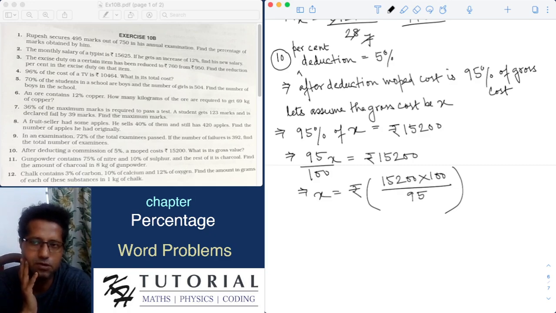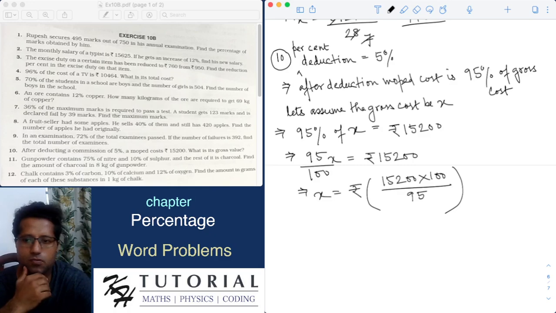So if there is a deduction of 5%, the cost will become 95% of the original cost or the gross cost. So 95% of X, where X is the gross cost, should be equal to 15,200, and from here we get X.